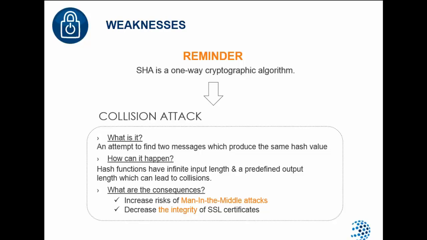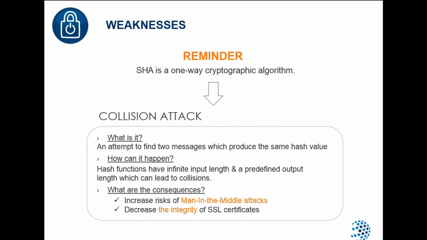If two separate inputs produce the same hash output, that is called a collision. A collision can be exploited in many ways: redirecting people to fake websites, stealing confidential data, and creating malware attacks.